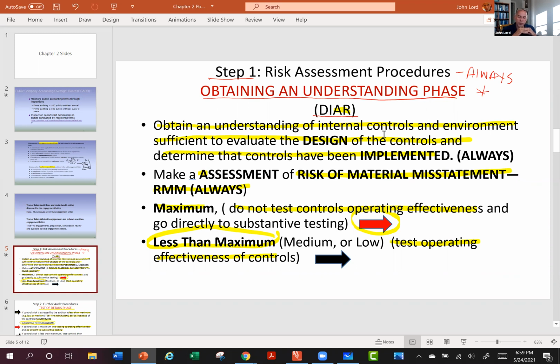It is often also called the obtaining an understanding phase, because what are you doing in step 1? I have it here all highlighted for you. You are obtaining an understanding of the internal control and the environment sufficient to evaluate the design, key bolded word, to evaluate the design of the controls and determine that they have been implemented.